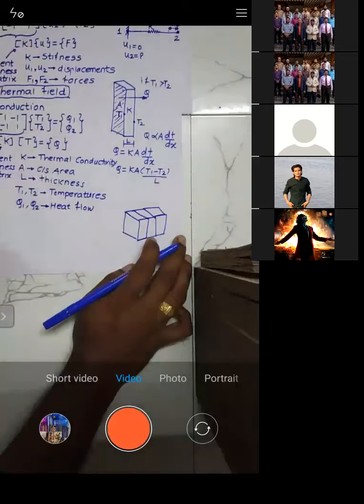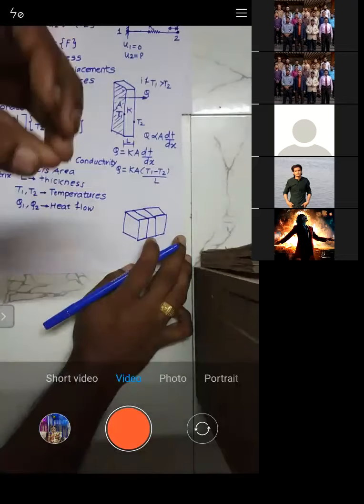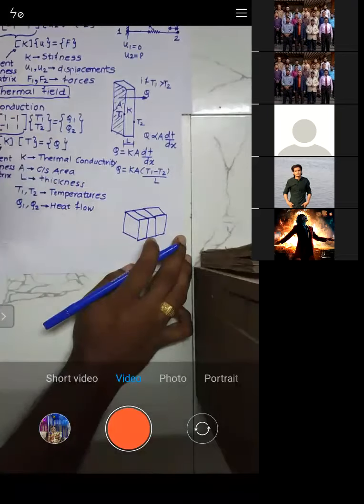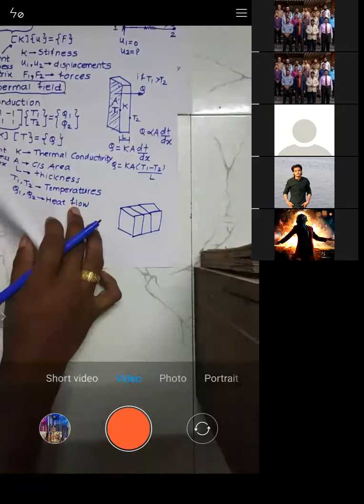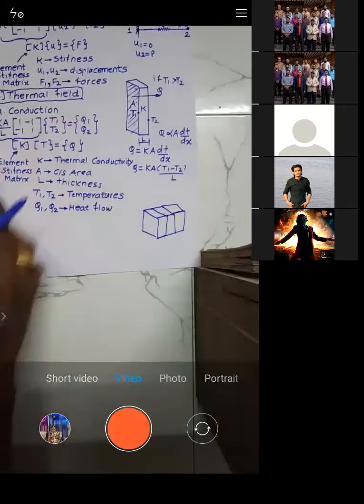So you have a composite wall made up of different materials, and each material has a different capability to conduct heat, so the conductivity will be different. I will not go into the detail of that. So this is about conduction.